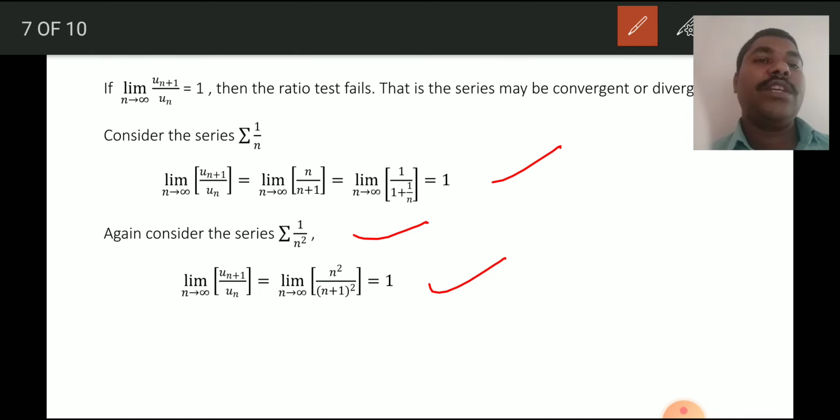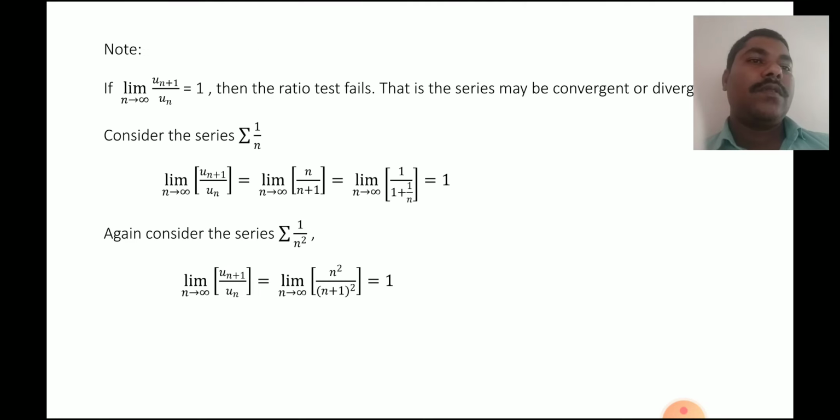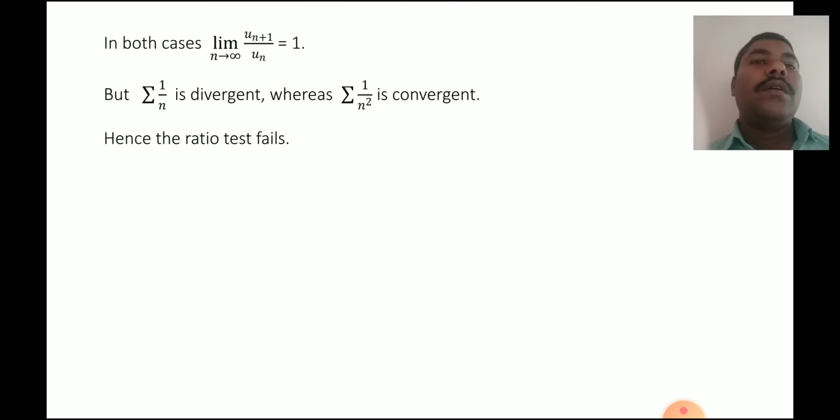After simplification we get 1. Here in both the cases we have limit of un plus 1 by un as n tends to infinity equal to 1. But according to the p-series, summation 1 by n is divergent, whereas summation 1 by n square is convergent. Hence, the ratio test fails.